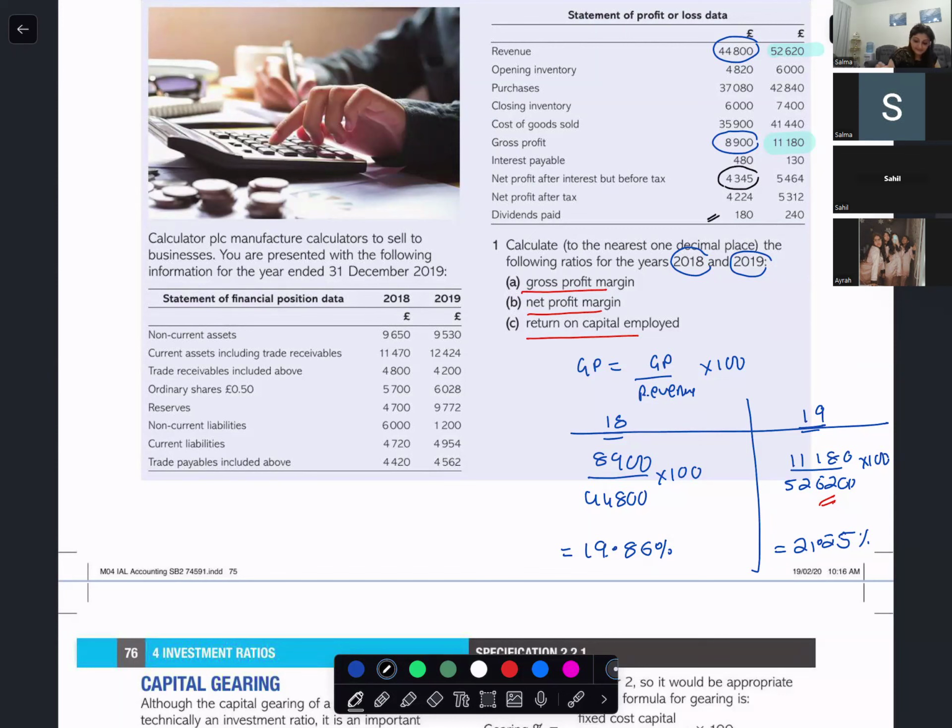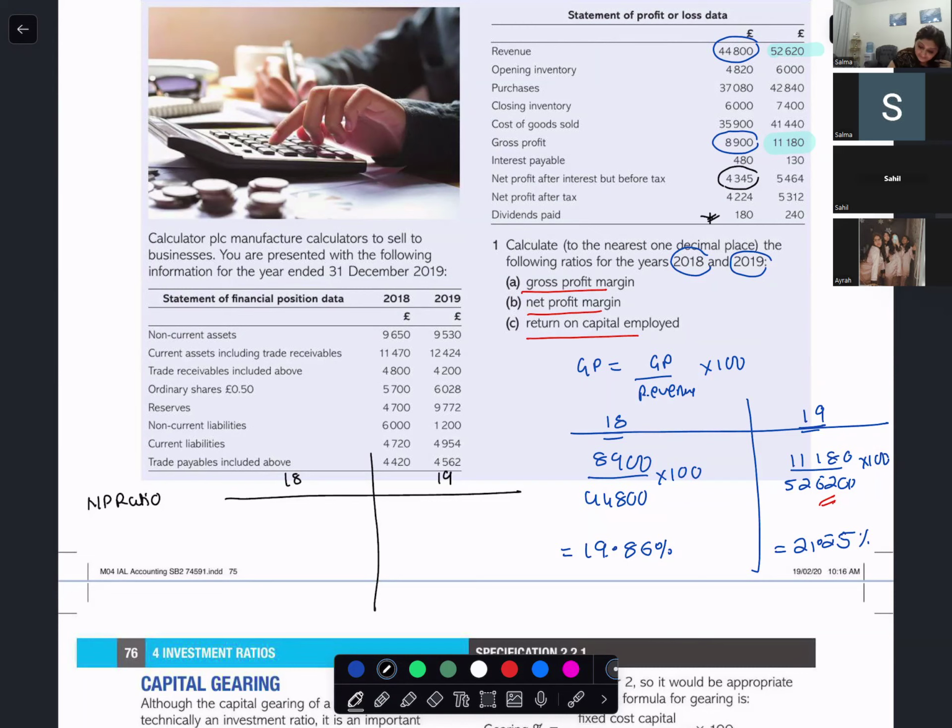Think properly and tell me. Yes. So that means your net profit is 4345 plus this 180.